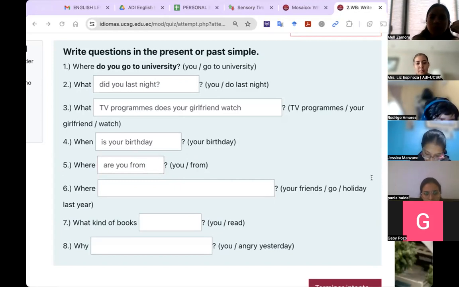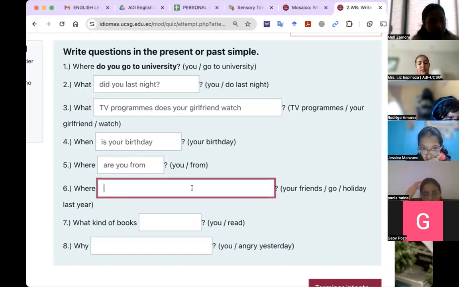Tell me. Where... In this case, if it says last year, is it in present or in past? Past. Okay. So you have to use do or did.